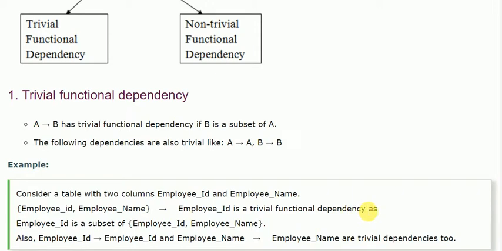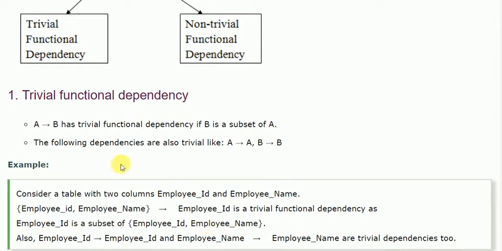Now, for example, if I ask what is my employee ID and the person sitting on the other side asks me, what is your employee ID and employee name, tell me that, then I will tell your employee ID, then it is of no use. It is basically what I am telling, that person is also telling me the same thing. So it is a trivial functional dependency, and here we can identify that there exists some kind of redundancy in the data.